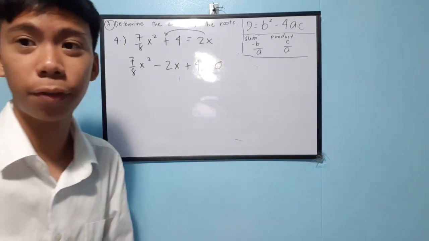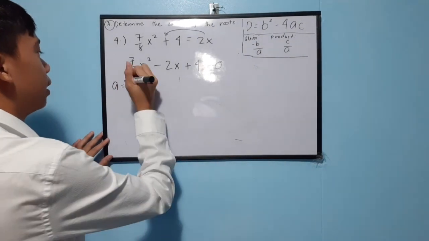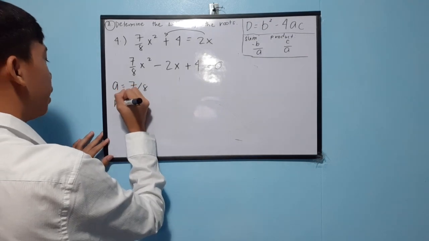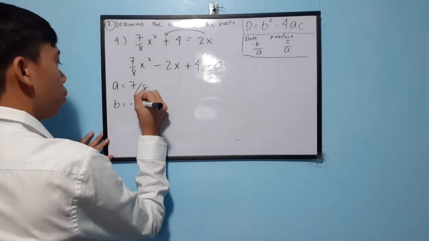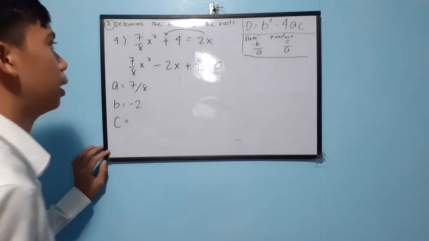So now we need to find a, b, and c. A is 7 over 8. B is negative 2. And c is 4.